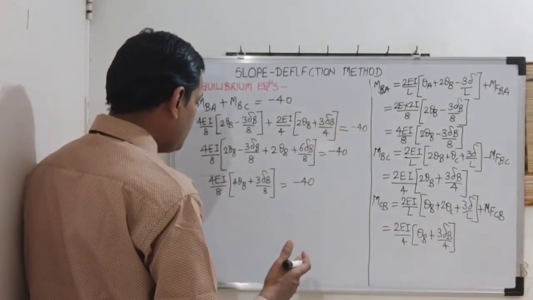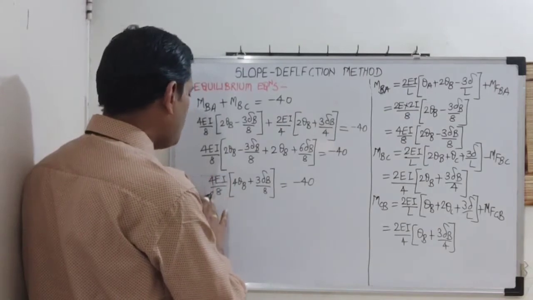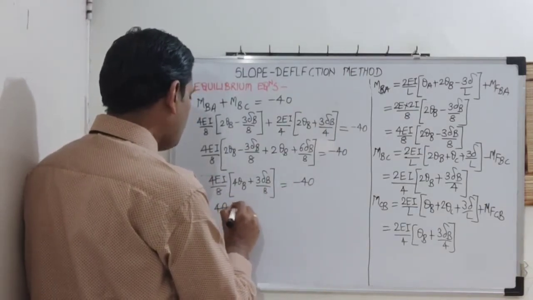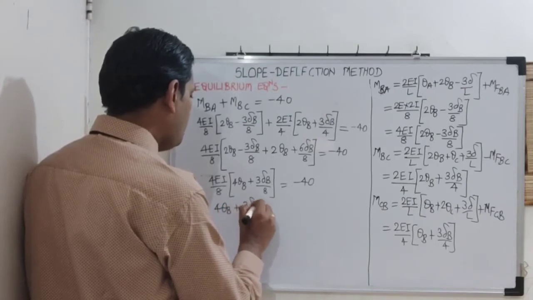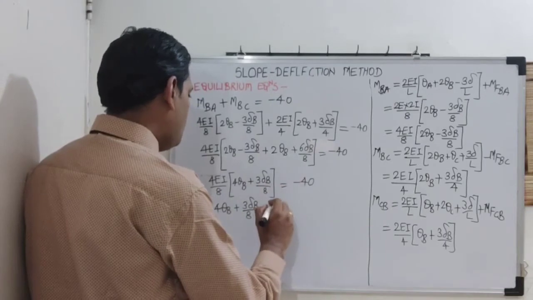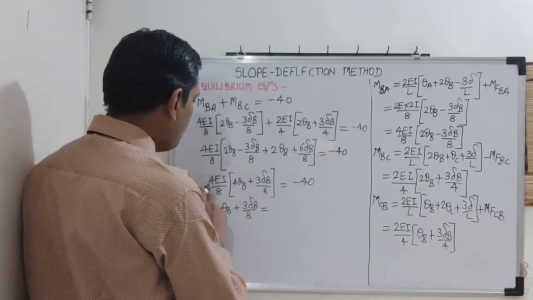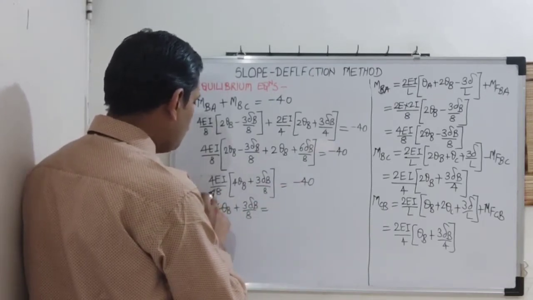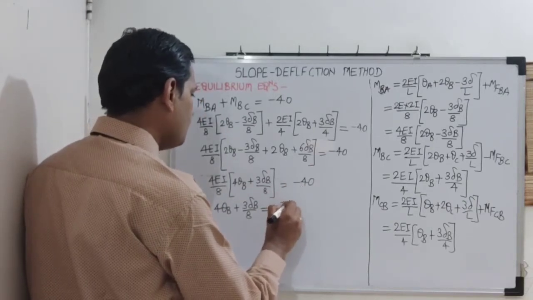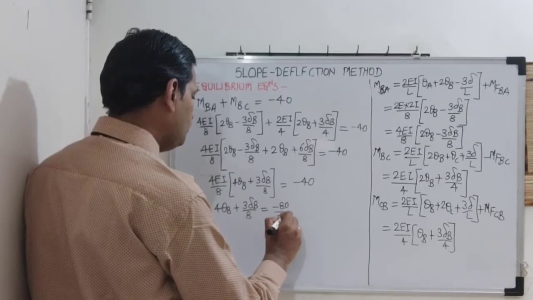Again simplify this. Bring 4EI by 8 to the right hand side. So 4 theta B plus 3 delta B upon 8 is equal to, 4 by 8 is 1 by 2, so 2 goes to the right hand side. It is minus 80 upon EI.